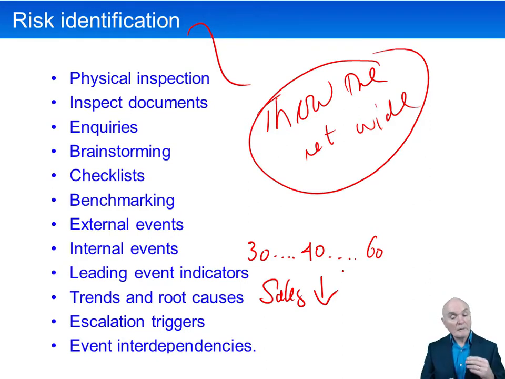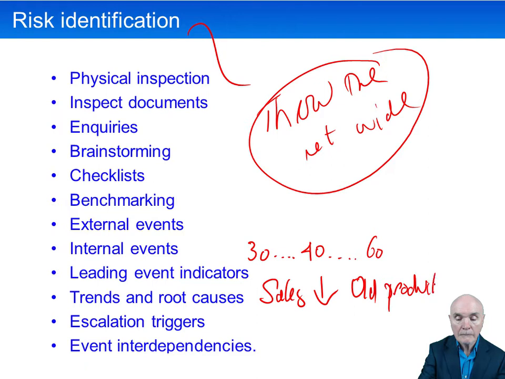But what we want to do is get behind the trend and see the actual cause of this risk to our prosperity. It might be that it's old products, they were being overtaken by our competitors. It might be that our competitors are being more successful in advertising.